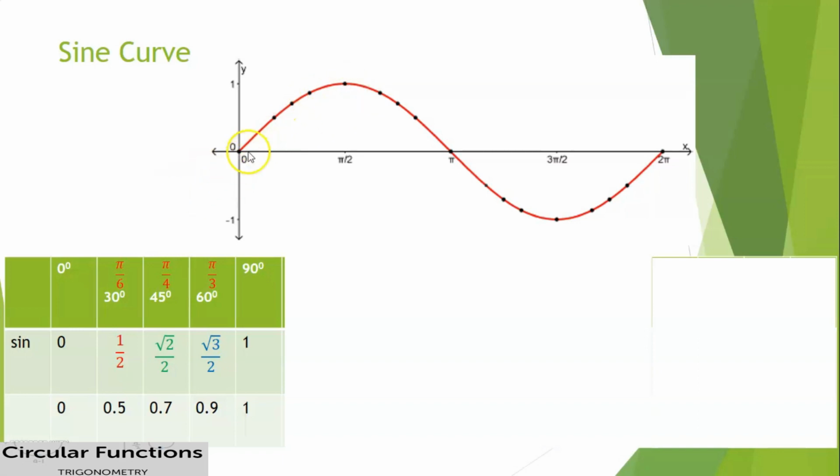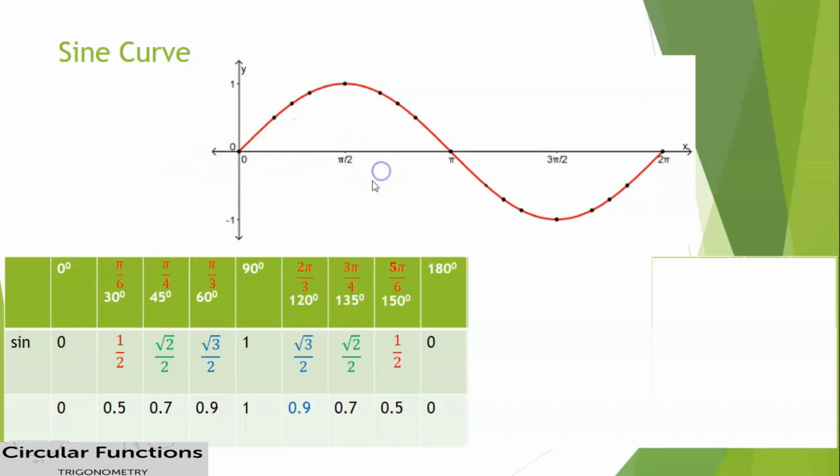So this is basically the first quadrant. In the second quadrant, sine 120 is 0.9. This is 135. Next is 150, and 180 is 0.